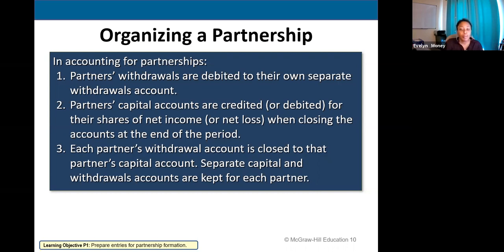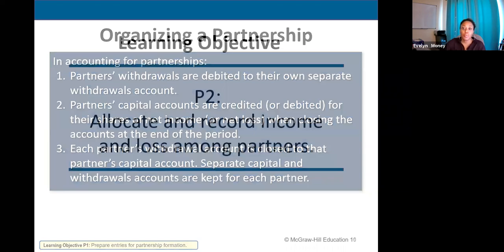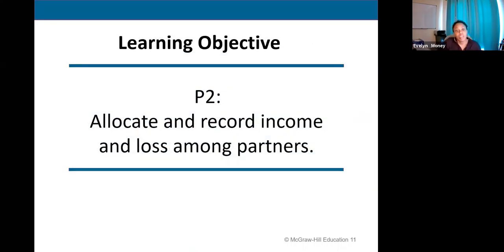So we have to allocate or determine how much of net income each partner will receive in terms of our closing entries. And also in the 4th closing entry, we have to close each partner's withdrawals account to the partner's capital accounts. So a little more work here.